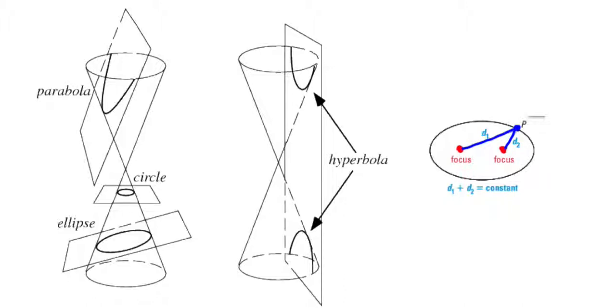However, the sum of those two distances, d1 plus d2, is going to remain the same. It's going to be a constant. Just like how I drew it with this piece of wire going around and making the ellipse, that's how we formed this.